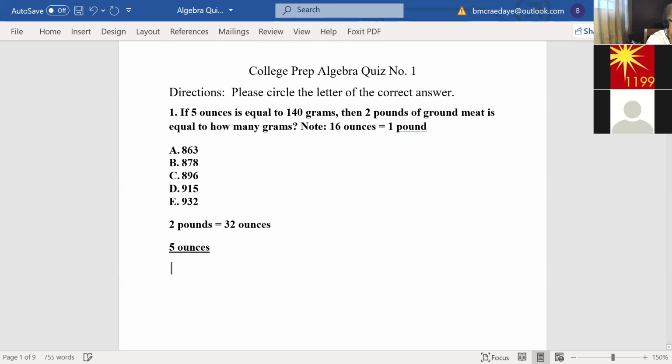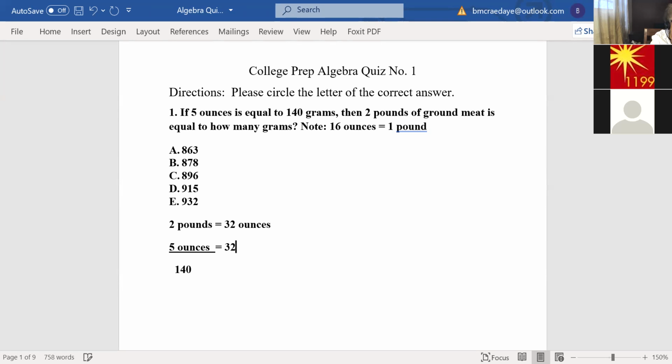Okay, so this would be 140. Let's take out the underline. We don't need it there. Okay, and that would be equal to. And you cross multiply, right? Yes, exactly. So 2 pounds equal to how many grams? So we already said 2 pounds is 32 ounces.